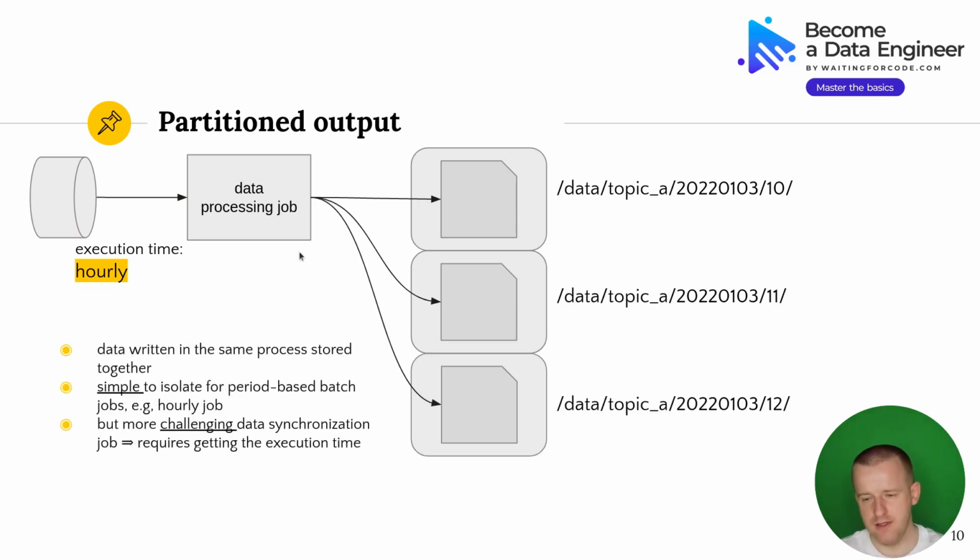If a consumer needs only 11 o'clock, it can simply target this subdirectory and get the relevant data. And this approach has a specific naming in data engineering. It's called partition pruning, so that the consumer prunes the irrelevant partitions and can process only data it's interested in.